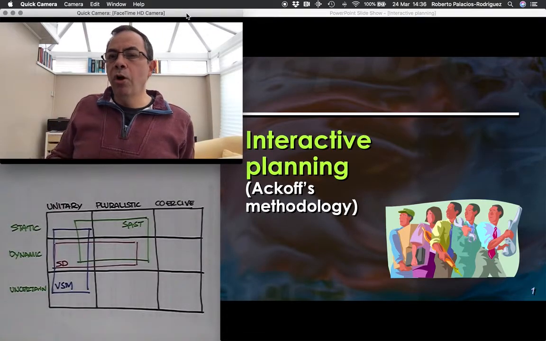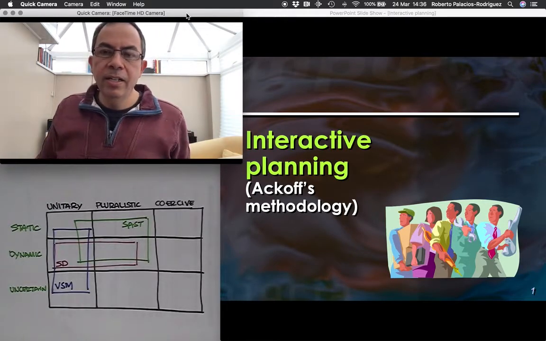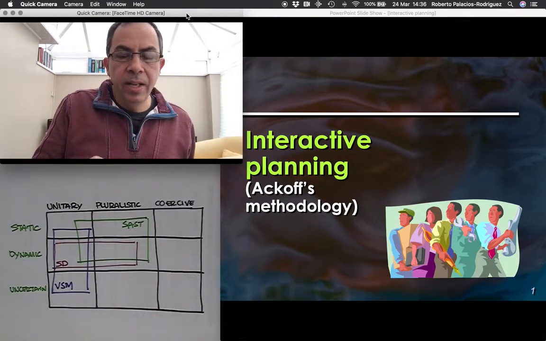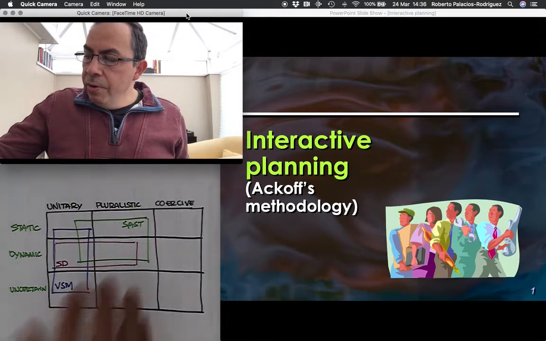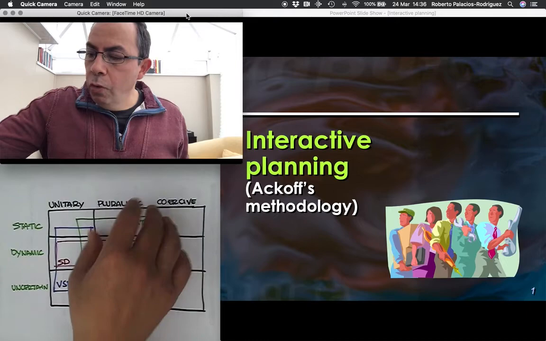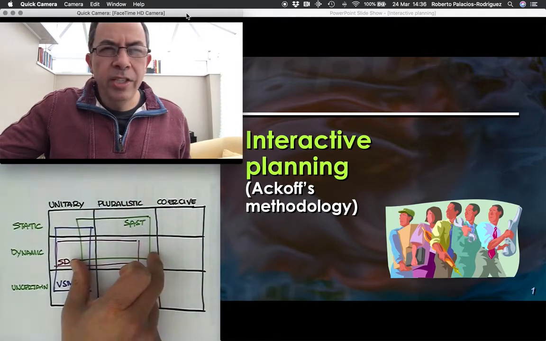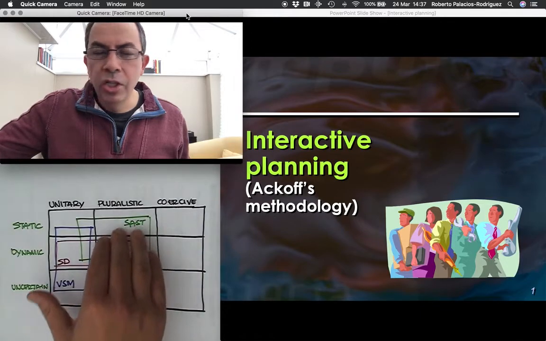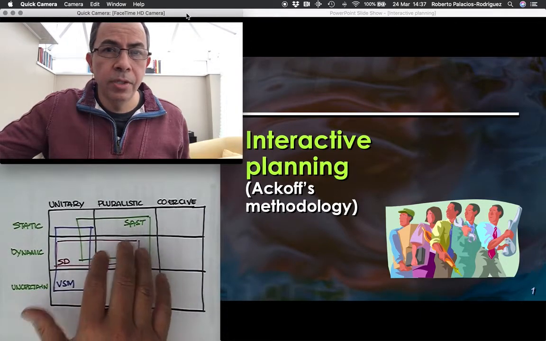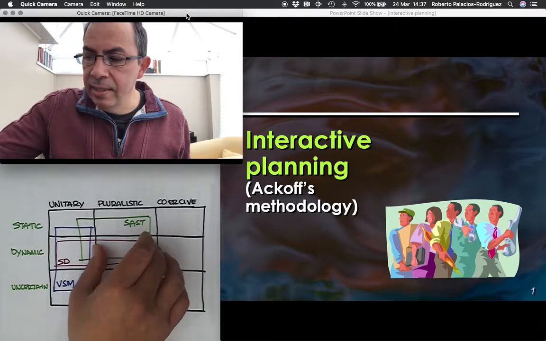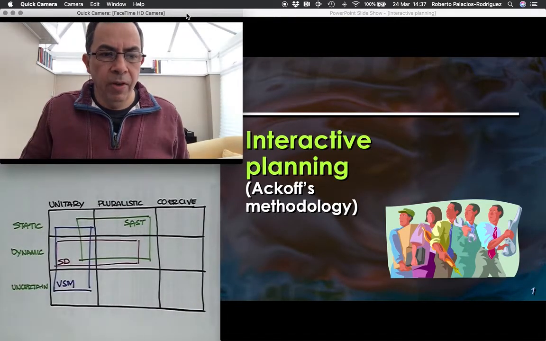So that's what you were asked to do, or to use this SAST methodology. Now, remember that it was used in order to deal with situations where more or less you can identify what situation you are in terms of the purposes of the system and its relation to the environment.